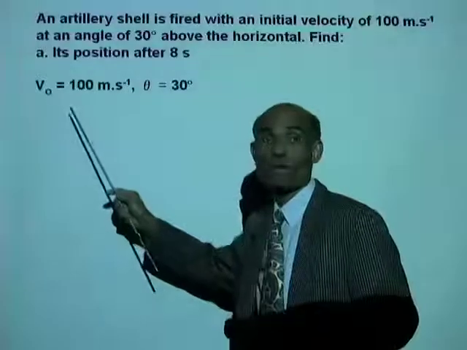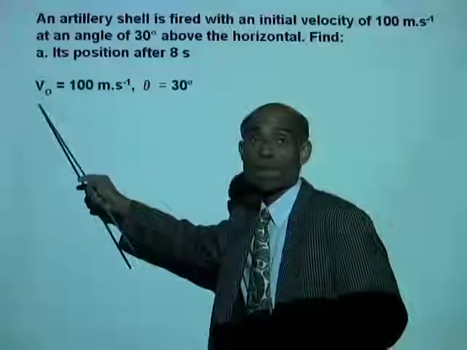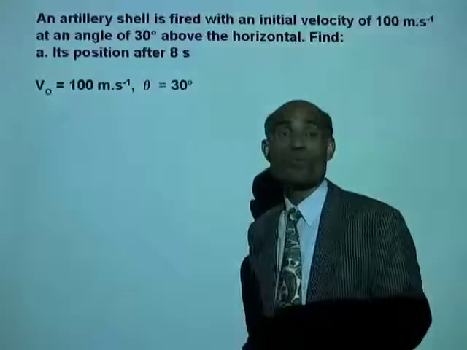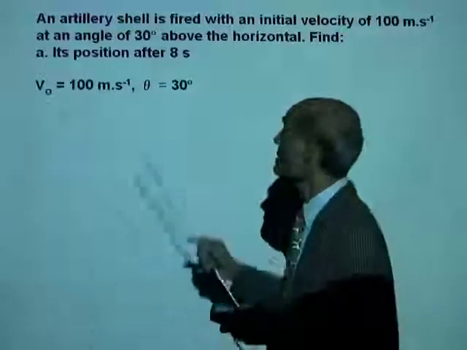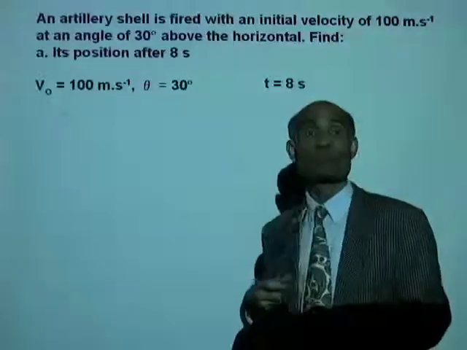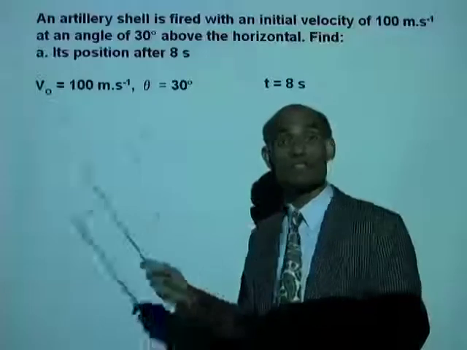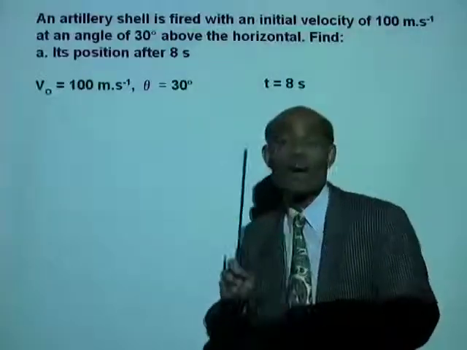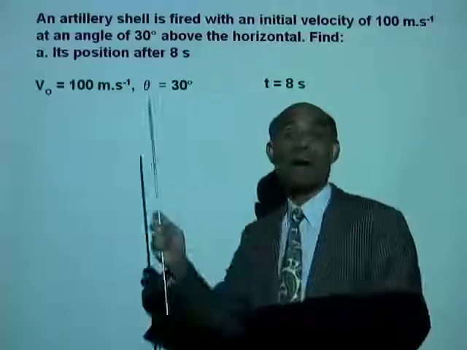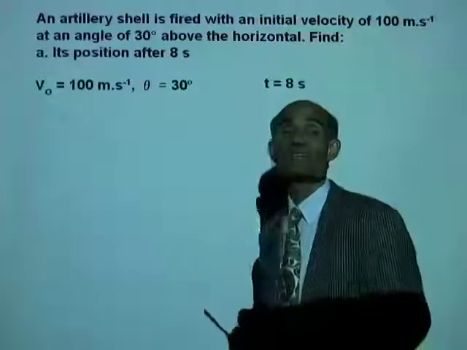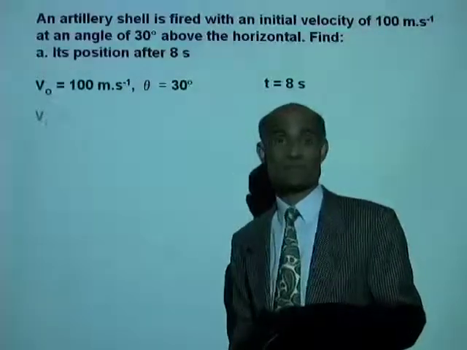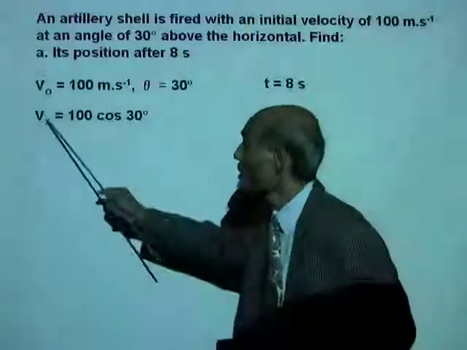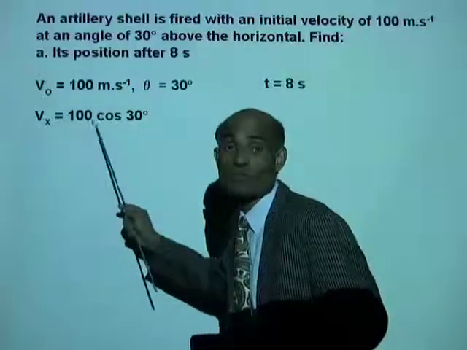First of all, pick our data. The velocity of projection is 100 meters per second and the angle of projection is 30 degrees. We need to find the x position and the y position after the time t equal to 8 seconds. What is the x component of the velocity?